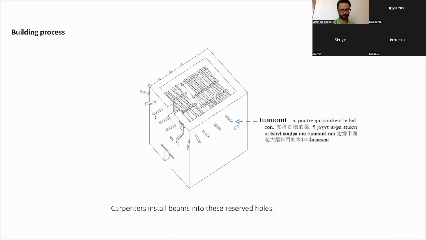They will install beams into these reserved holes. Those beams are quite important and usually made from a very special wood, which locals in this region call qingzhangmu, a very strong and hard wood.